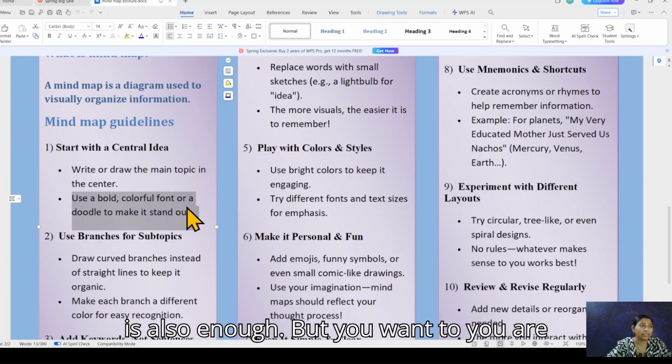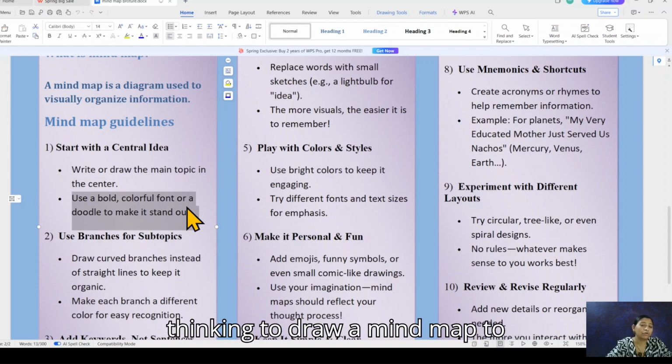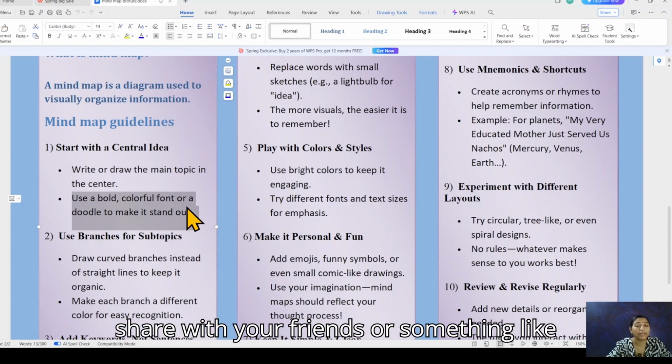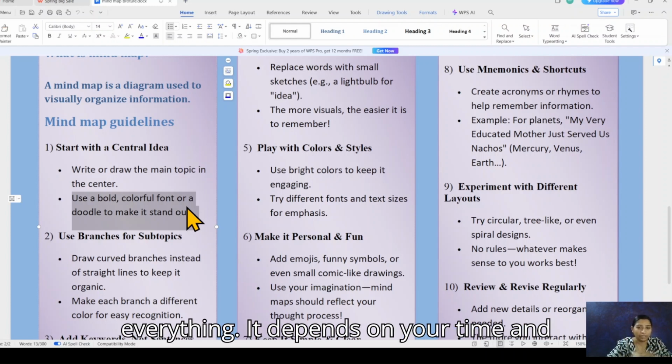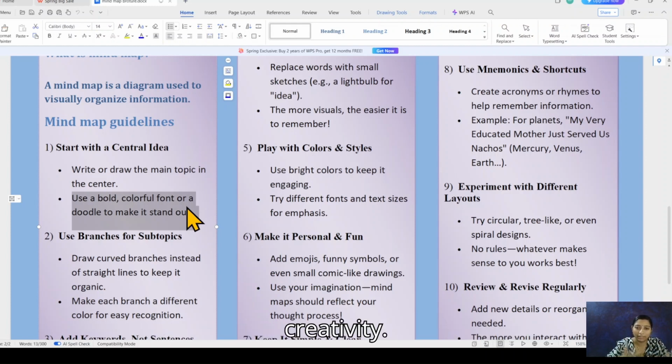That is also enough. But if you are drawing a mind map to revise it later, or to share with your friends, you can use colors, fonts, and everything. It depends on your time and creativity.